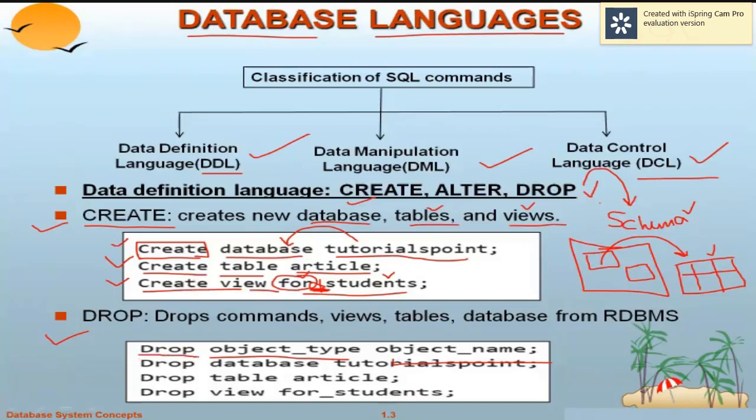Instead of create, you just replace it with drop: drop object type, object name, and the examples will be the same as the previous one. If you use this drop command, it is going to remove the database, table or the views that have been created by the create command.